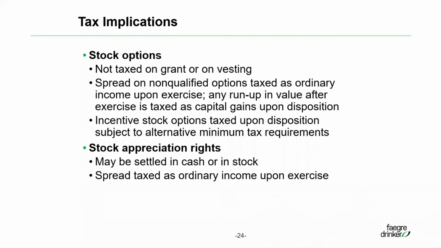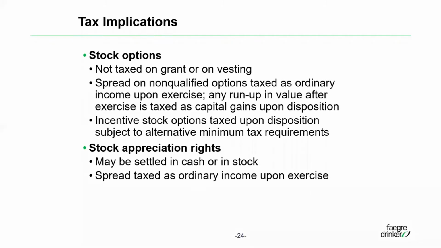So you may have stock options that your employer has granted to you. Basically a stock option, as you know, is a right to purchase stock in the future of the company. The options may be of 2 kinds, incentive stock options and non-qualified stock options. In either case, the option is not taxed on grant or on vesting.